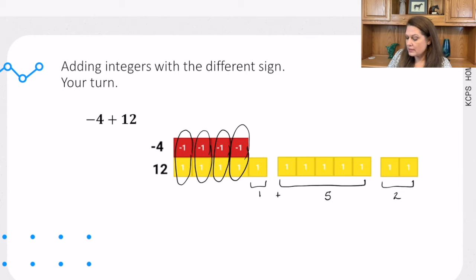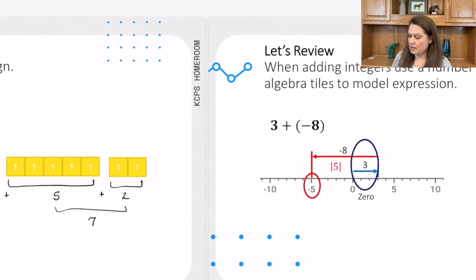So I know 1 tile plus 5 tiles plus 2 tiles. Well, this is 7 plus 1 more. I know that's 8. So negative 4 plus 12 is going to be positive 8. Notice my leftover tiles are positive, so I don't even have to worry about my sign.